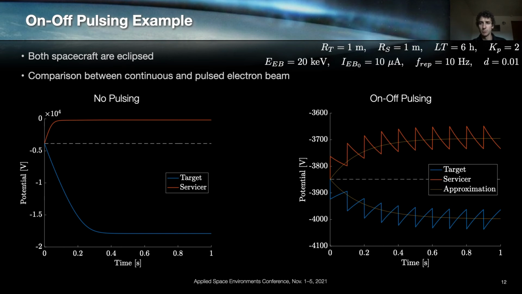Now, you might be wondering why we don't work with just a smaller beam current in the first place and just don't use a pulse beam at all. And the answer to that is, first of all, your electron gun might not be capable of producing such low beam currents.